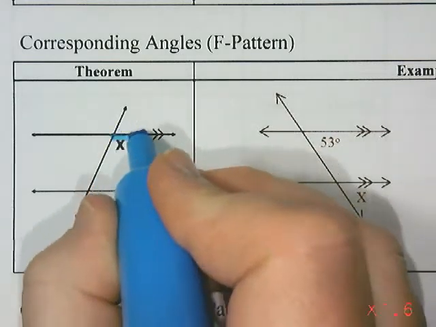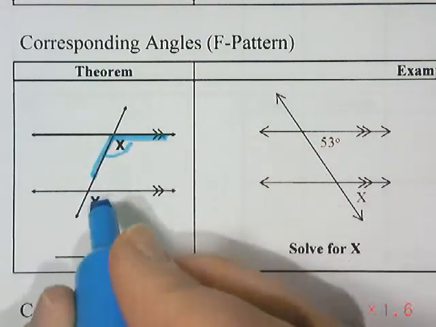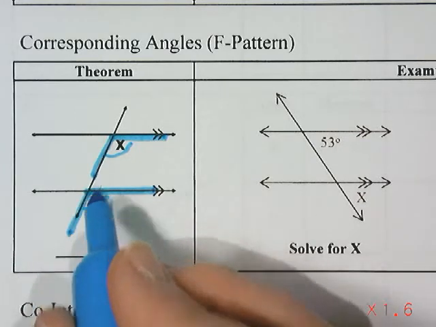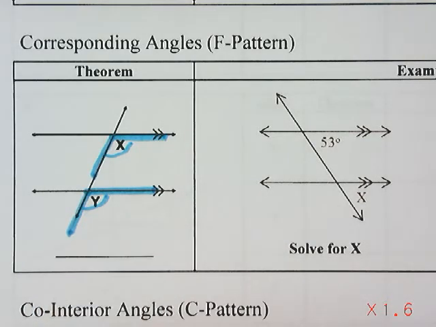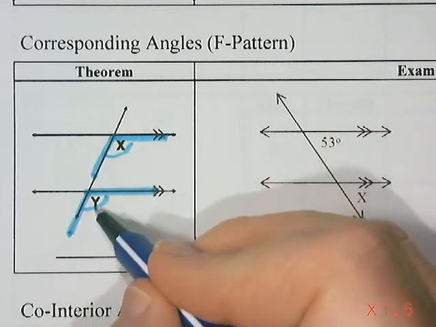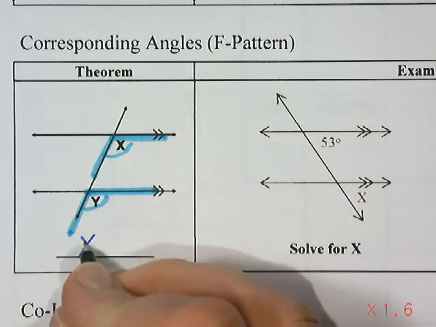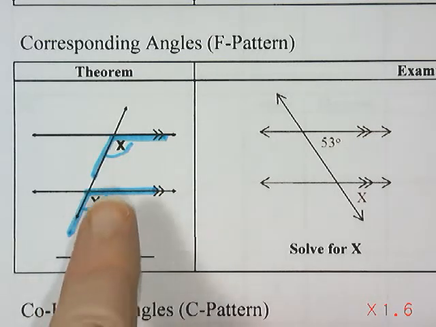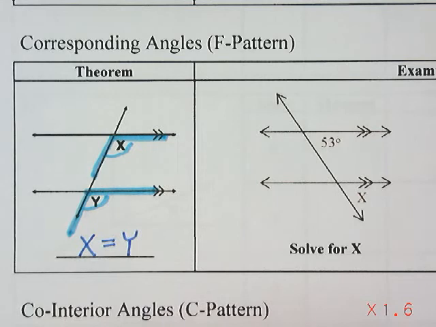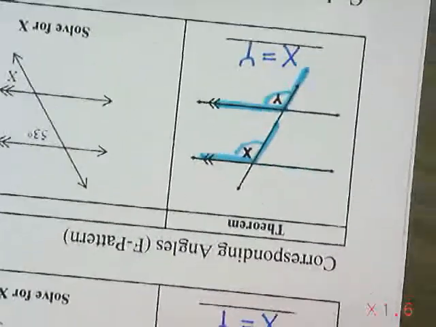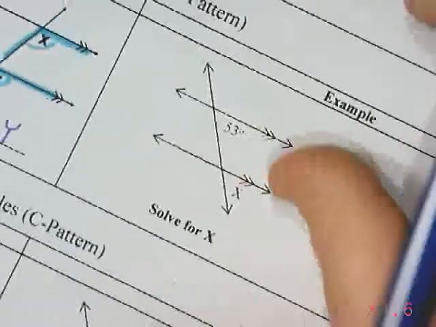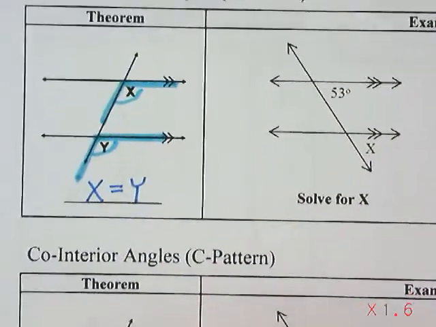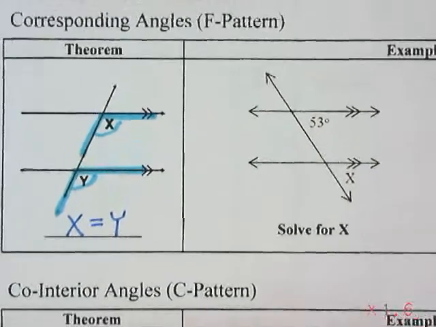And then if I were to trace over angle X and angle Y, you will notice it makes an F. So in F pattern or corresponding angles, these 2 angles are also equal. So X equals Y. Now, I find sometimes people have the hardest time seeing the F pattern because sometimes it is forwards, sometimes it's backwards, sometimes it's upside down, sometimes it's upside down and backwards. So you have to be able to try to see the F even if it is turned upside down.